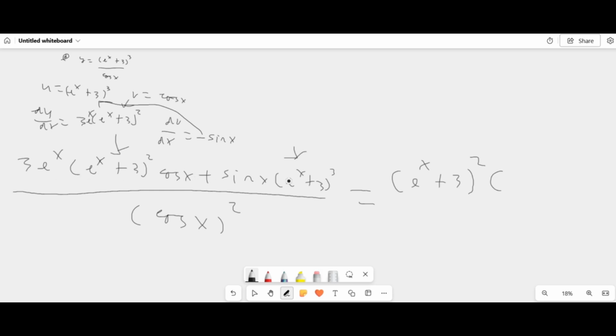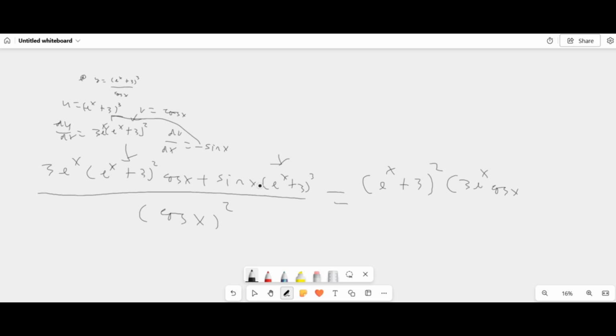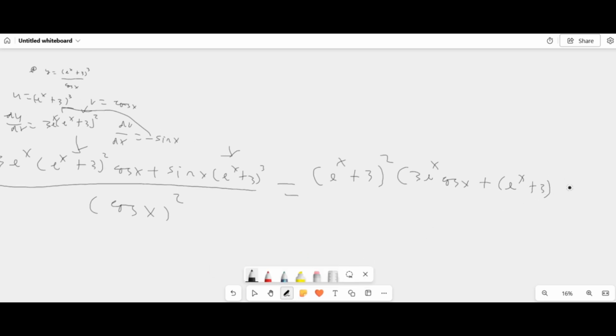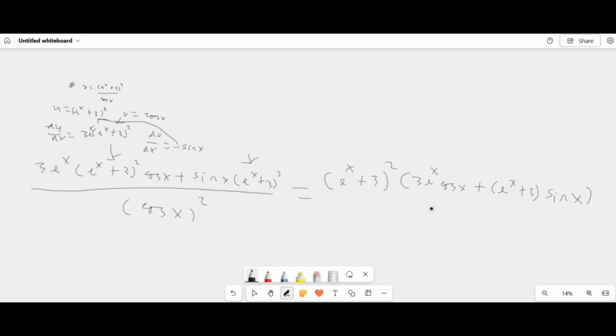We're going to be left with 3e to the x cos x here, and taking it out of here, we're going to be left with plus sine x times e to the x plus 3, over cos squared x.